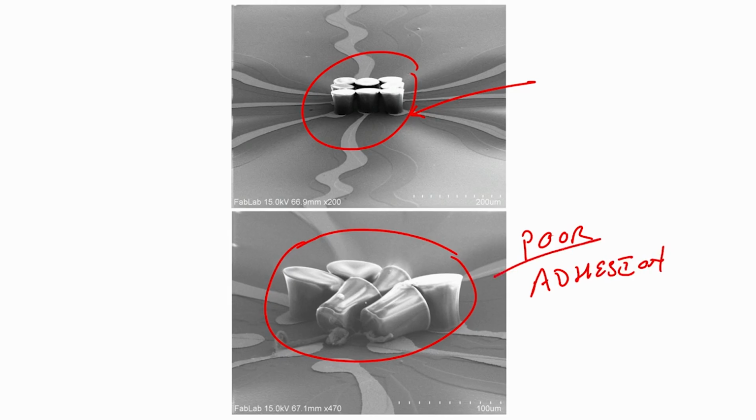And why is there poor adhesion? Because of the moisture content. One of the possibilities is because of the moisture content on the PDMS layer, these SU-8 pillars have fallen down.